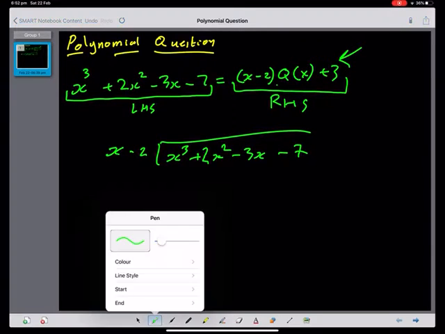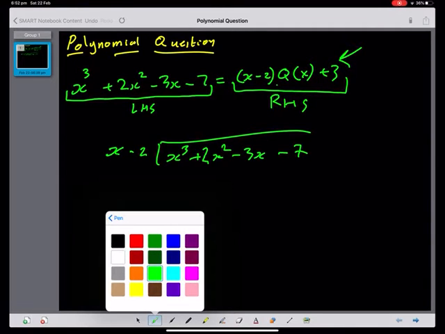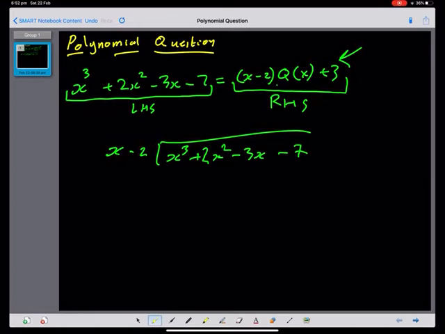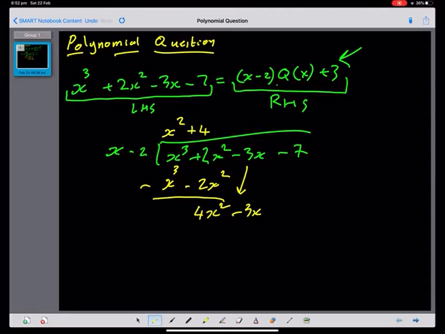Okay, so let's do this in yellow. We're going to get x squared. If we multiply down, we get x cubed minus 2x squared. Subtract it, we get 4x squared. Let's bring this down, negative 3x. Okay, 4x squared divided by x gives 4x. Multiply out, we've got 4x squared and we've got minus 8x.